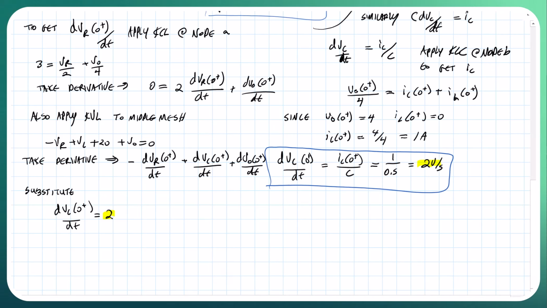And if we do that, we get dVR over dt is equal to 2 plus dV naught over dt.